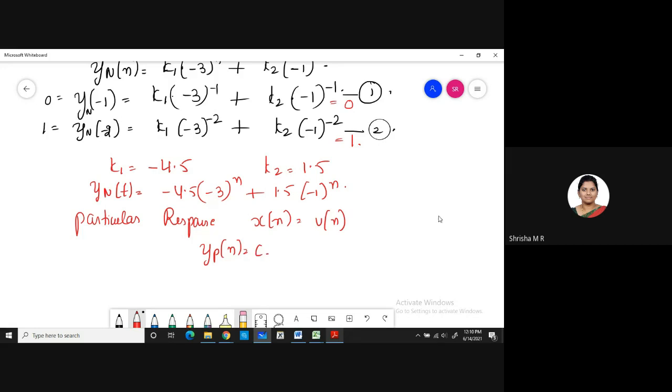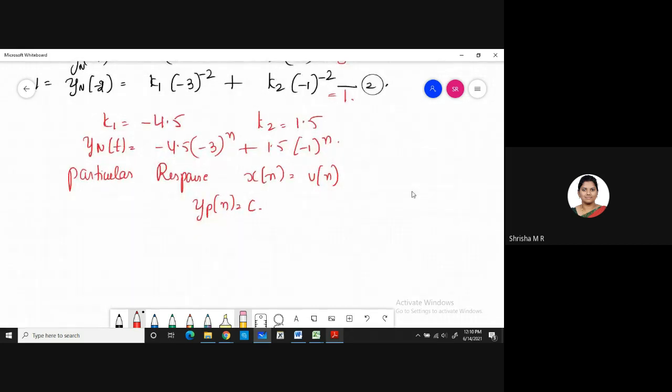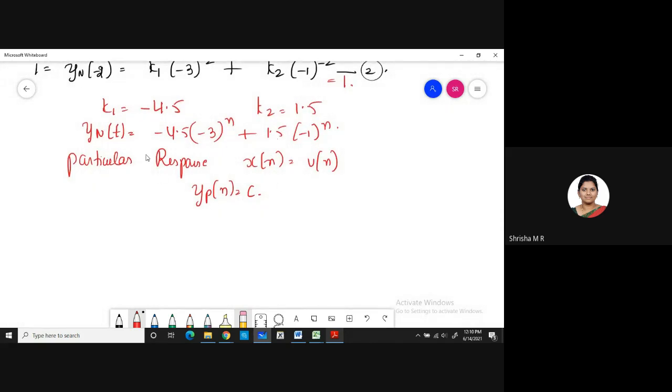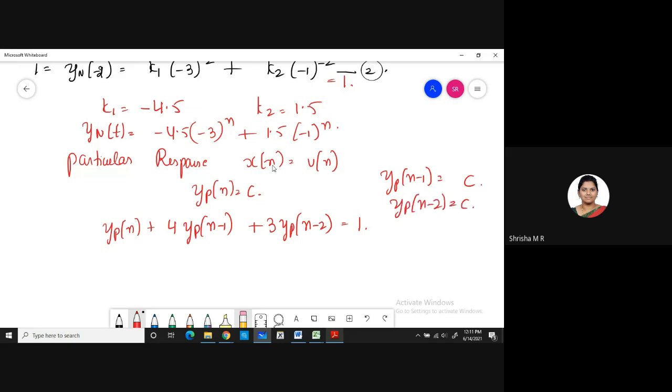So we'll find C by substituting the particular response in the difference equation. That will be yp of n plus 4 yp of n minus 1 plus 3 yp of n minus 2, which is equal to u of n, that is 1. So yp of n is C, yp of n minus 1 is also C only, and yp of n minus 2 also is C only.